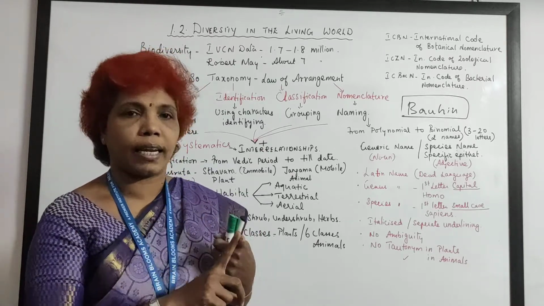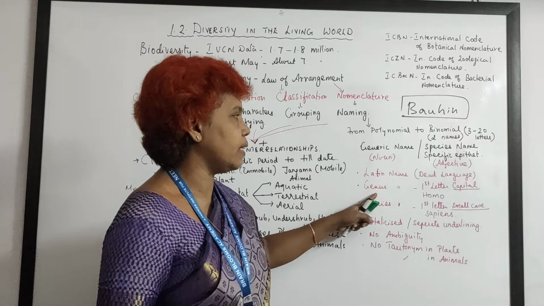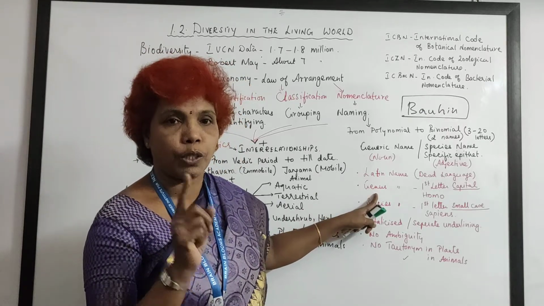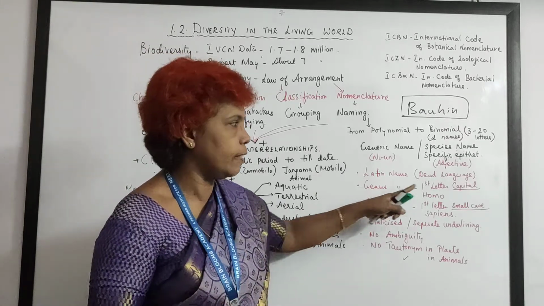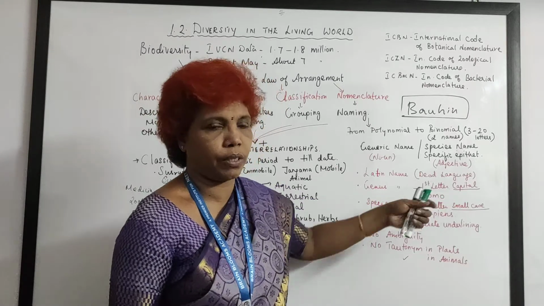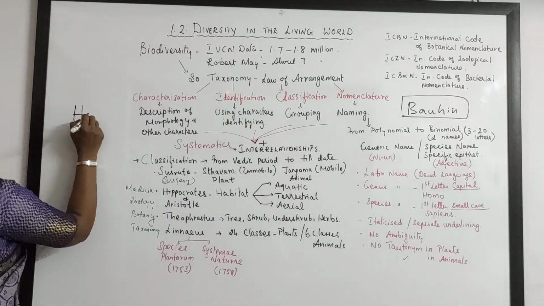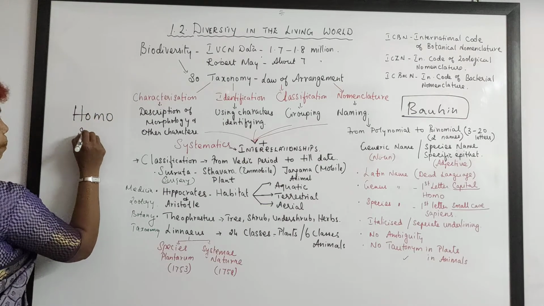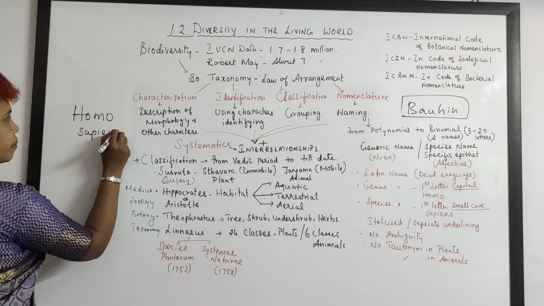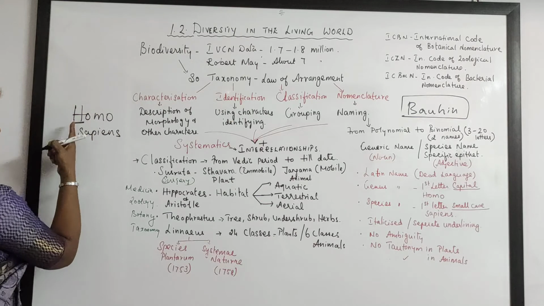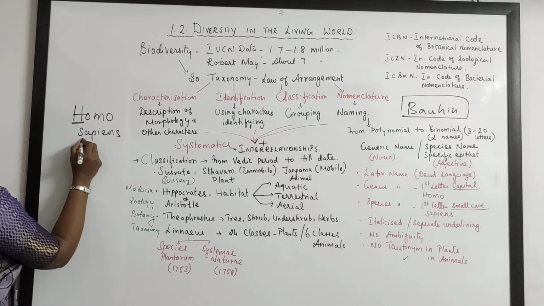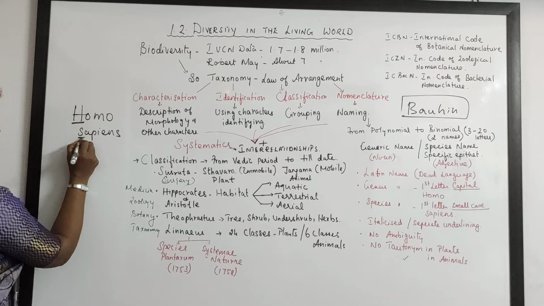So they selected Latin. And the first name, the genus name, should start with a capital letter. For example, if I write Homo sapiens, Homo with a capital letter is the genus name, and this is the species name, in small letter.